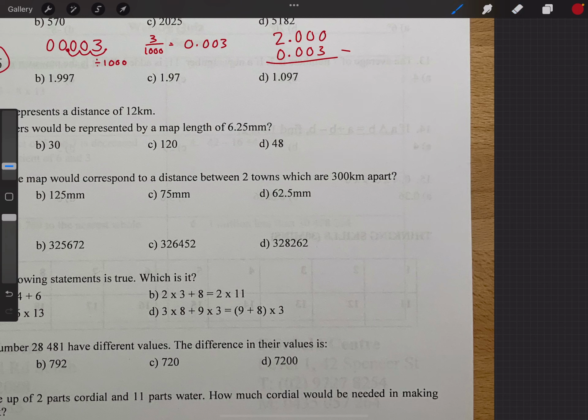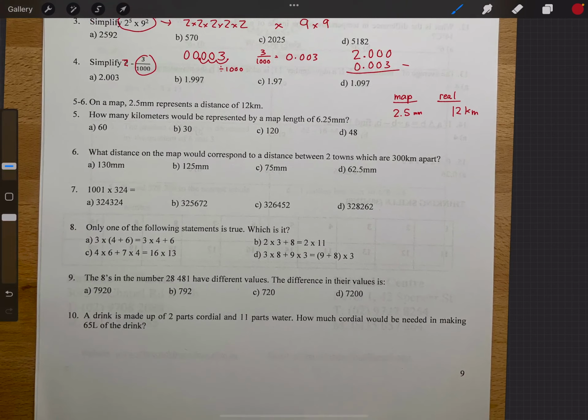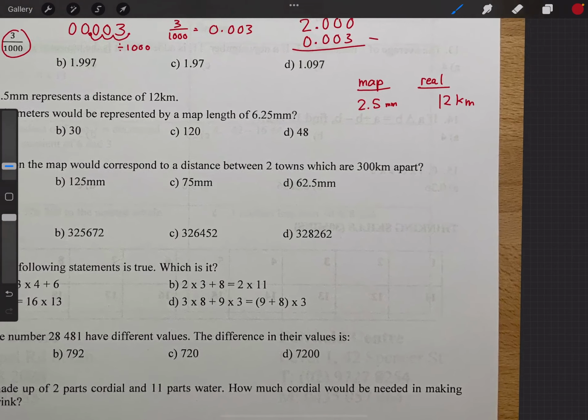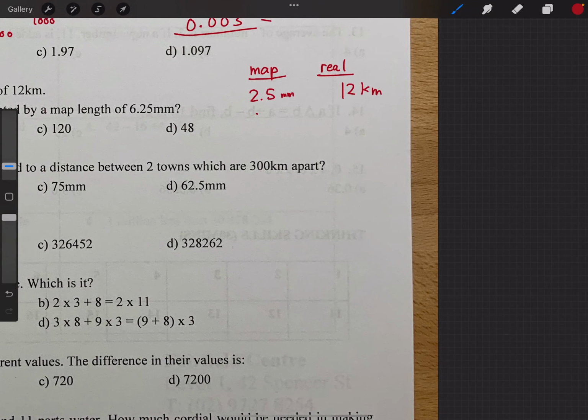Okay, so I'm going to have a map distance compared to the real distance. The map distance is for 2.5 millimeters. This will represent 12 kilometers in real life. So the question is, how many kilometers will be represented by a map length of 6.25 millimeters?